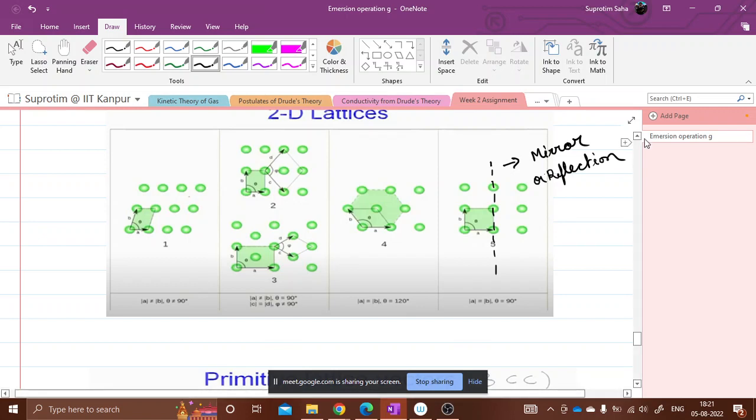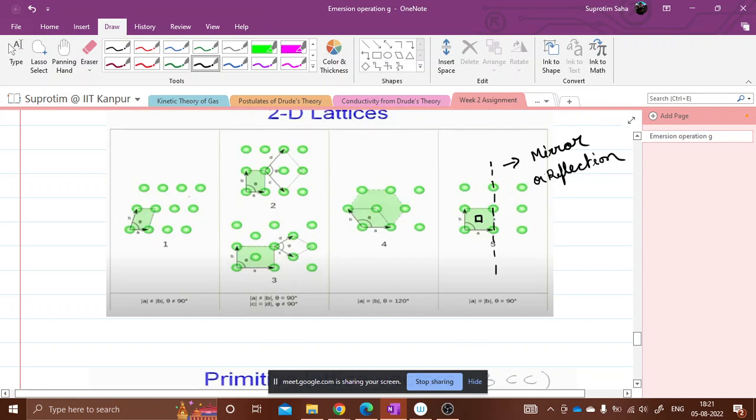Now, if you think about a unit cell, this is a four-fold rotational symmetry. If you rotate along this axis by 90 degrees, it will always be the same. That's why it is four-fold symmetry.